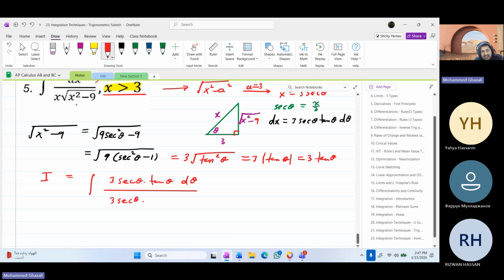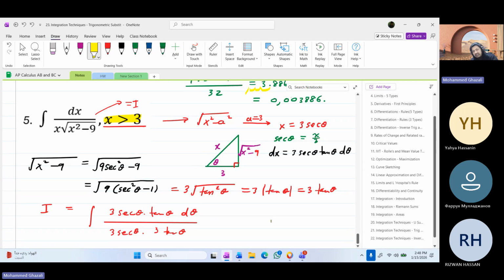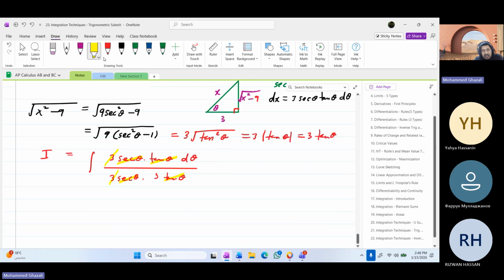And what is square root of x squared minus 9? The square root of x squared minus 9 is 3 tan theta. Wow, it's such an easy integral now. This one, simple, right? So it doesn't mean that every time the integral will be difficult. It's such an easy one. Because sec theta cancels out, tan theta cancels out, 3 and 3 cancel out. So you just got 1 over 3. What are we left with? 1 over 3 integral of 1 d theta.